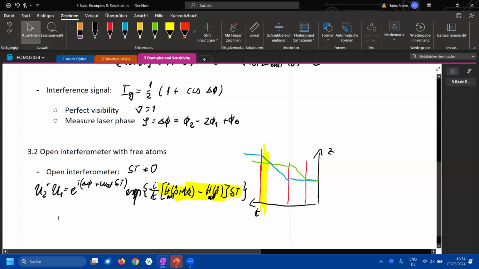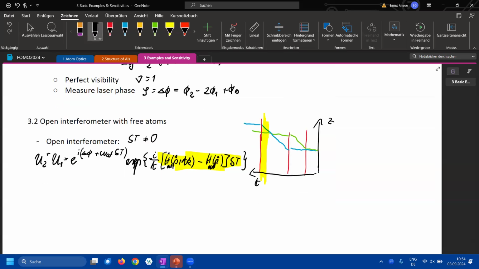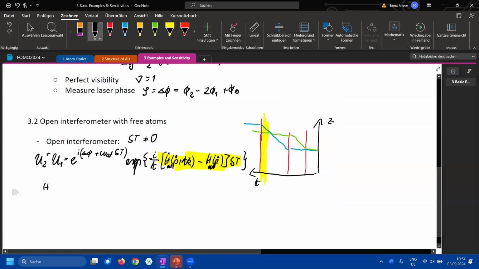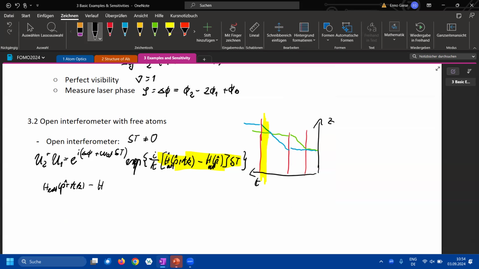What we see now is that h external of p plus h bar k minus h external of p is equal to p squared over 2m plus p times k over m plus h bar squared k squared over 2m, minus p squared over 2m. So this actually is the kinetic energy difference between the two of them.